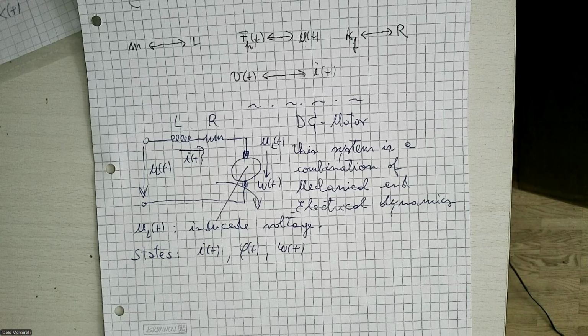As you remember from last time, the states are variables which store energy. To be in one position or another means a difference of energy. To move from one position to another, we need energy.